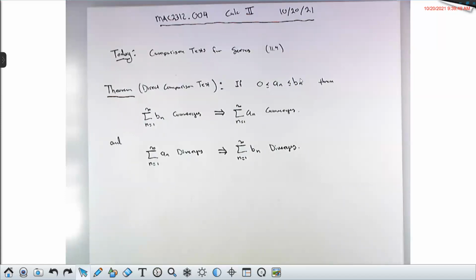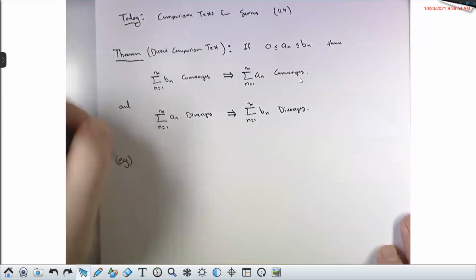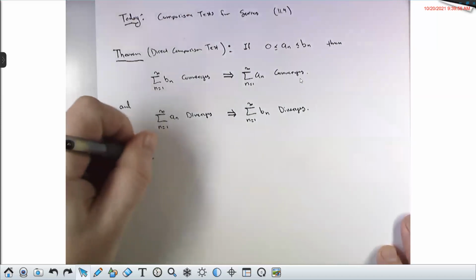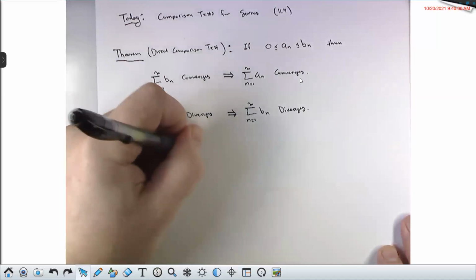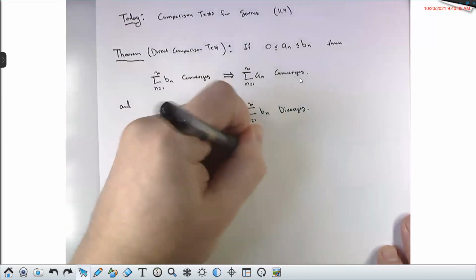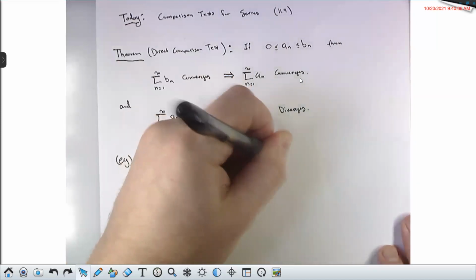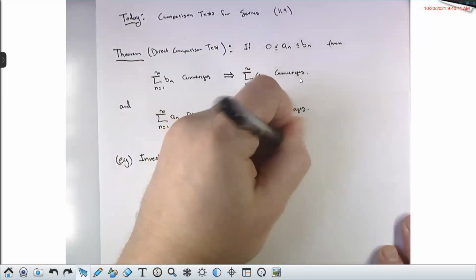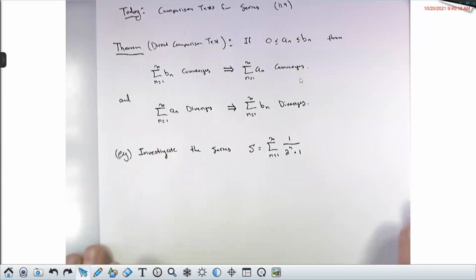So a nice simple example. Here's a series, and I'd like to know whether it converges or diverges.